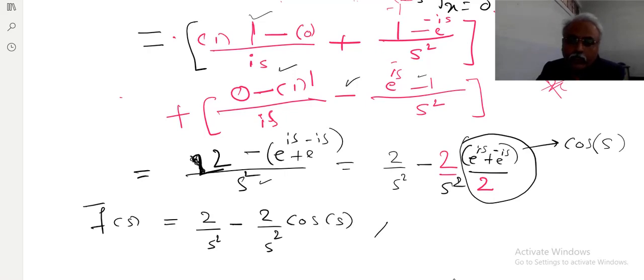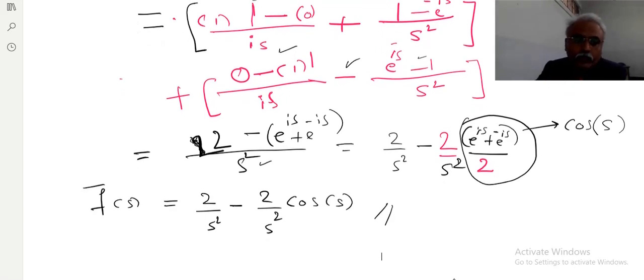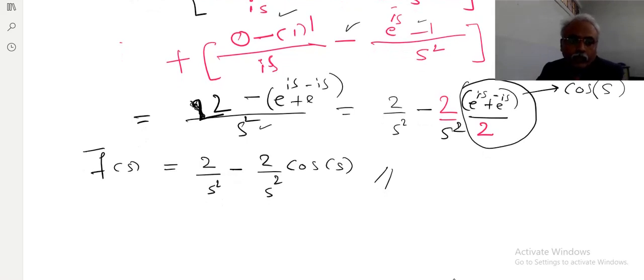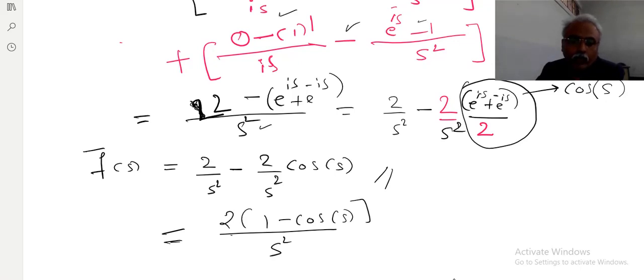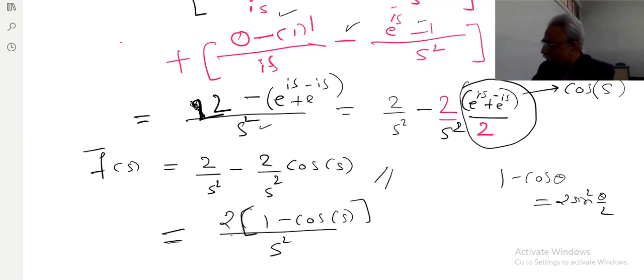This can be considered as the answer, but if I proceed further, taking 2 and s square common, it becomes a more compact form: 2 by s square times 1 minus cos s. This also can be the answer. Or we know that 1 minus cos theta is 2 sin square theta by 2. So 1 minus cos s can be 2 sin square s by 2.